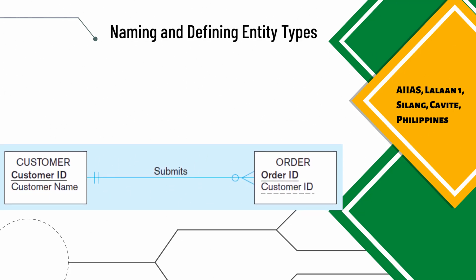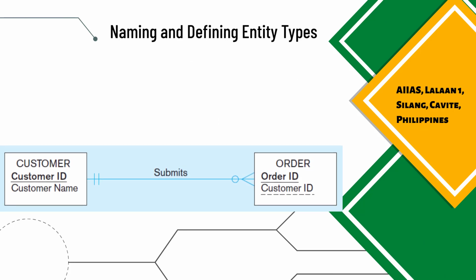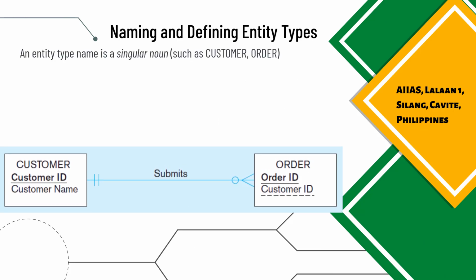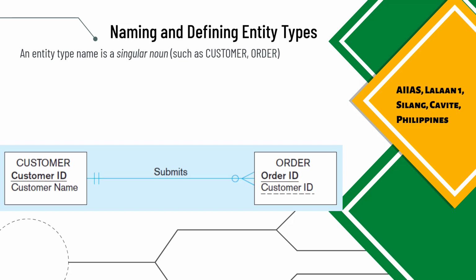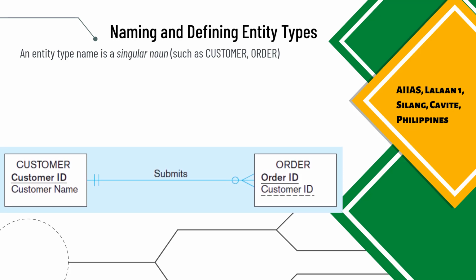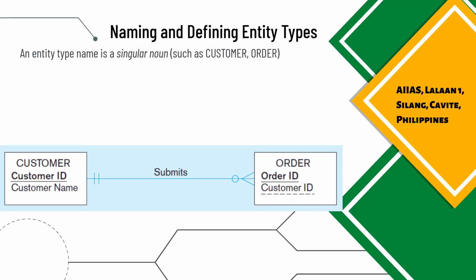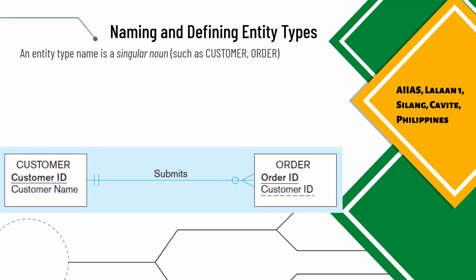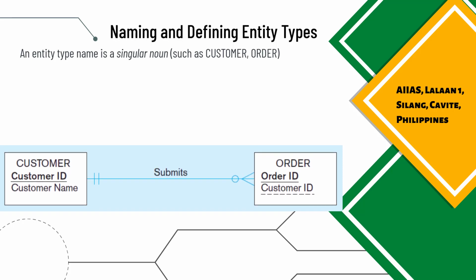The naming and defining of entity types. Number 1, an entity type is a singular noun such as customer or order, as you see here in our example. So, an entity name should always be singular, not customers or orders.